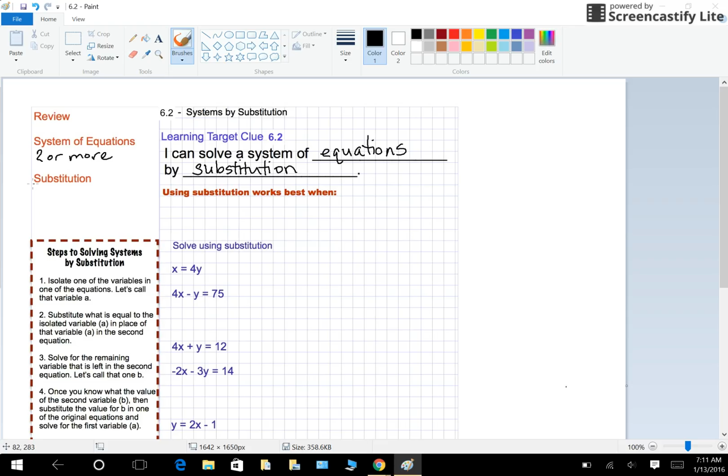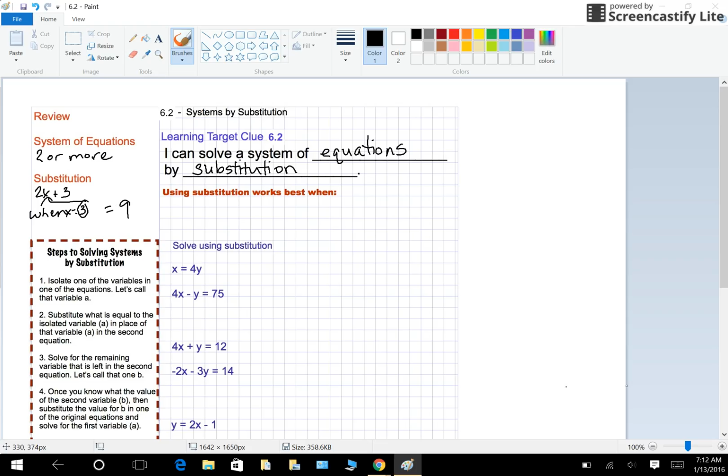If I say, what's 2x plus 3 when x is 3, then all we're doing is we're taking the 3, we're plugging it in for x, and we're solving. 2 times 3 is 6. 6 plus 3 equals 9, right? So that's all substitution is.